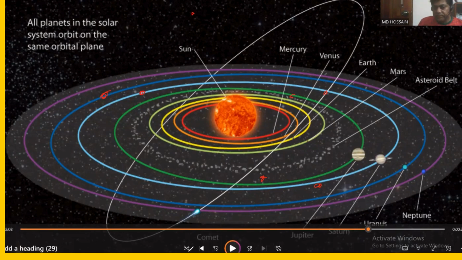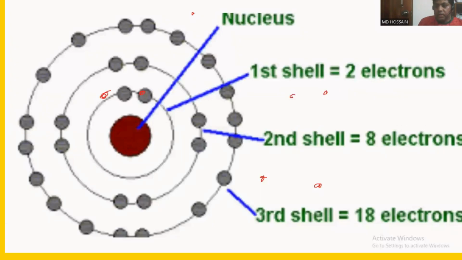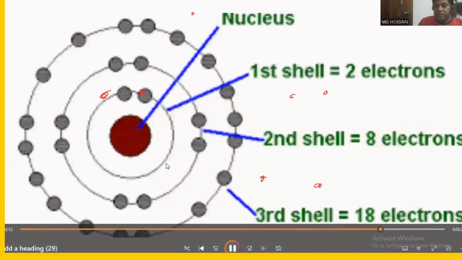The next, see here, this is the nucleus, the first shell, and see here, this is the first shell, second shell, and third shell.